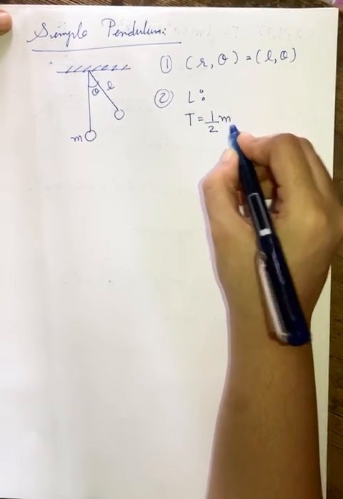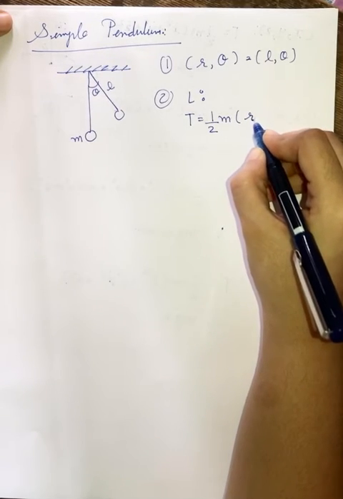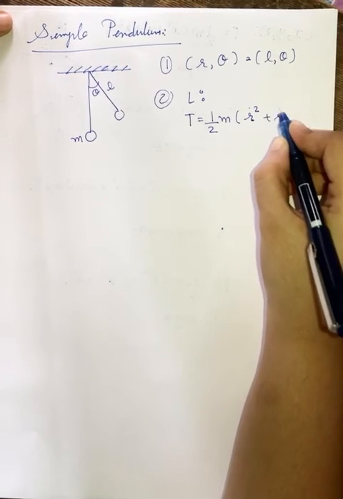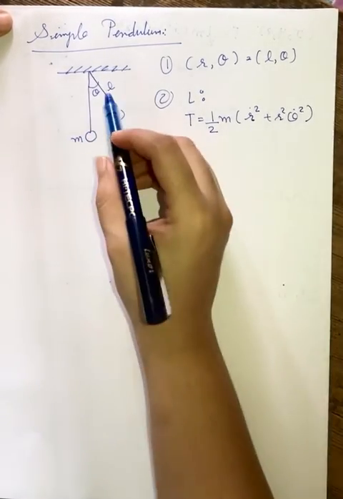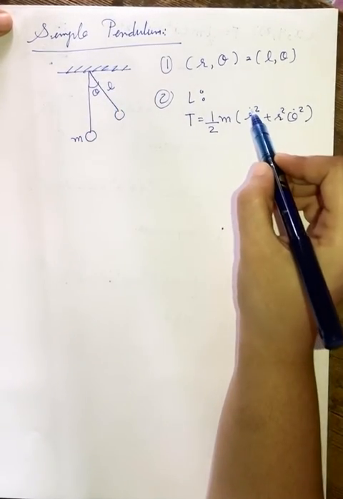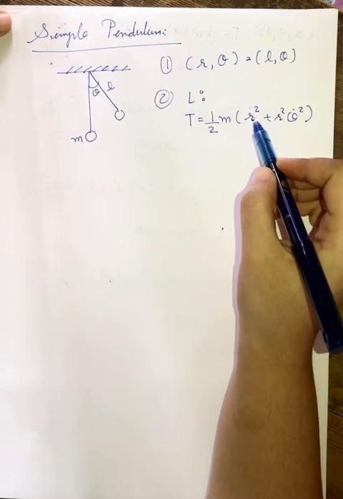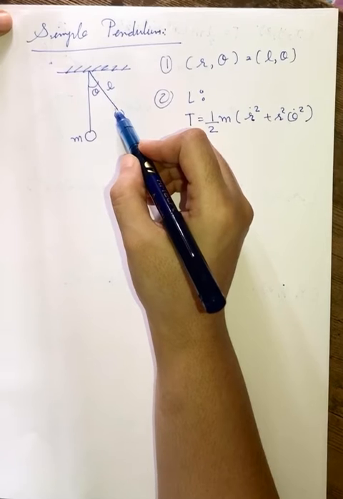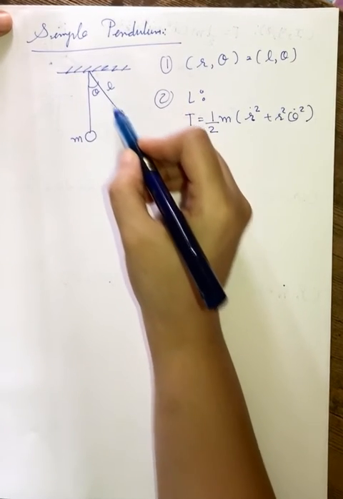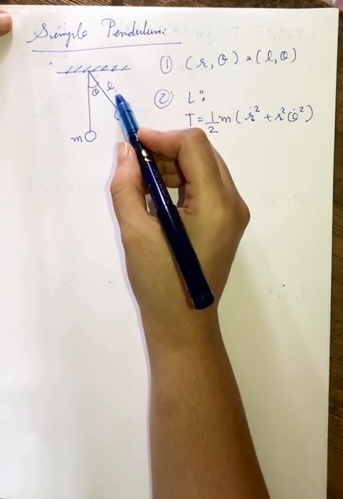It will be half m (r dot square plus r square theta dot square). Here r is L, and r dot square means the change in length with respect to time, and there is no change in length. It is not going to and fro and changing the length.